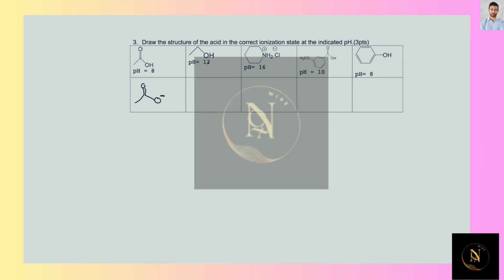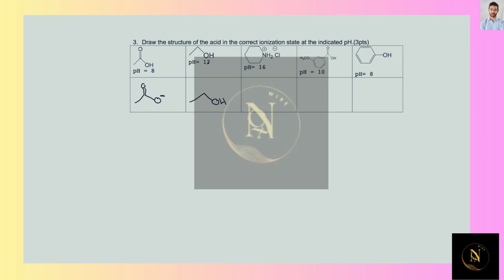For the alcohol, the pH is equal to 12. That is going to be way lower than the pKa, so we're going to have the acidic form of the alcohol. Next up, for this compound, we have an ammonium salt. In the case for amines, the pKa is of around 10, 11, maybe 12 in some scenarios.